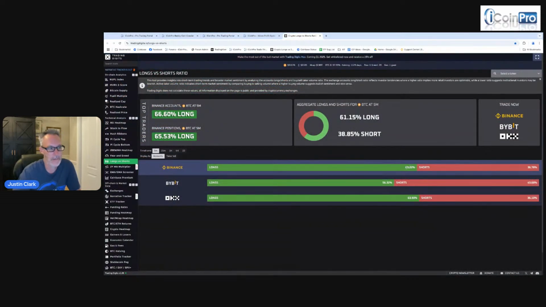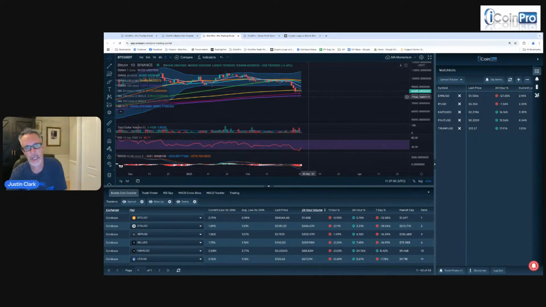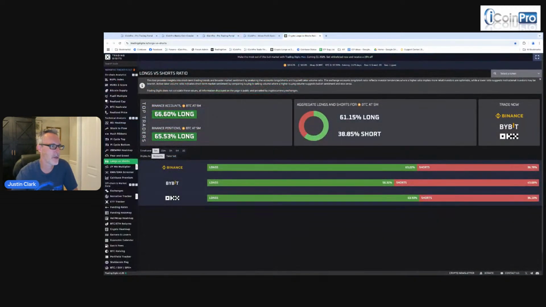The longs can be right, but if we see this number go back over 70% again, and the price keeps slipping lower and lower and lower, at any point we can build to a selling crescendo, which is all these people long and betting Bitcoin's going up start to get liquidated en masse. It's called a long squeeze, and they all get squeezed out of the market. In other words, they get liquidated. So we'll just have to keep a close eye on that.